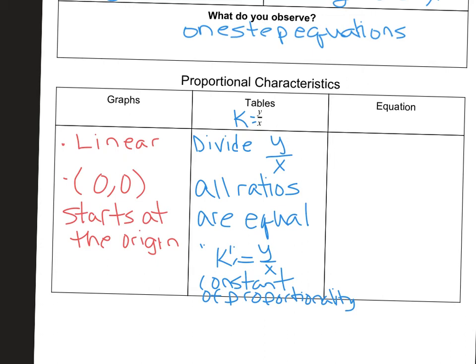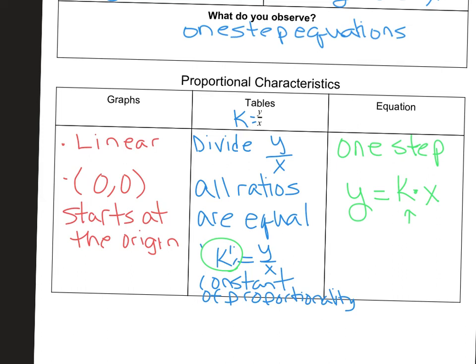Okay? Equation, what you need to walk away with on an equation is if you have a one-step equation that looks like this, y equals k times x, k meaning your constant of proportionality or your constant rate of change, right? Your unit rate.